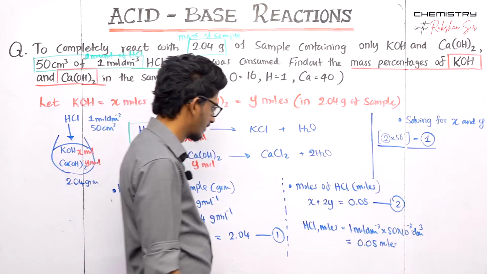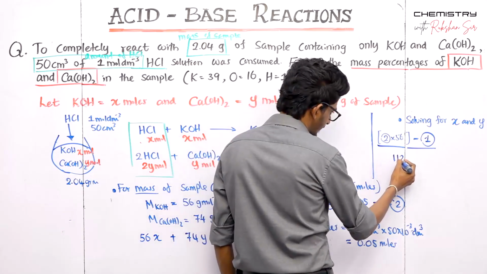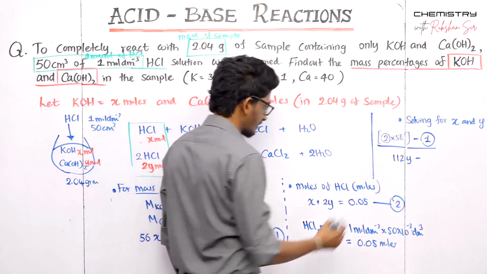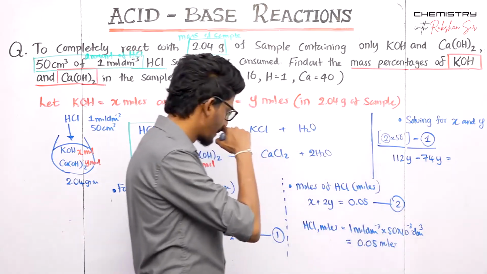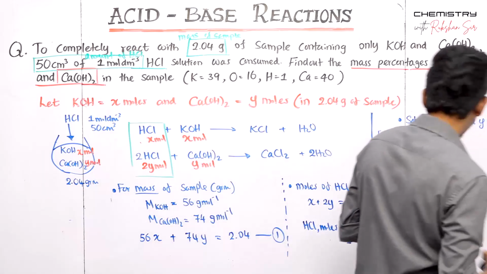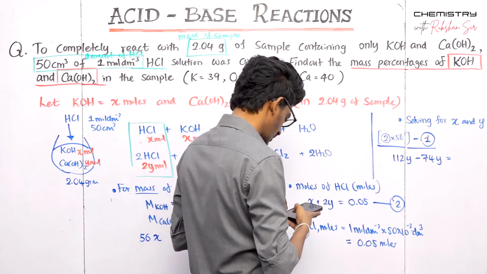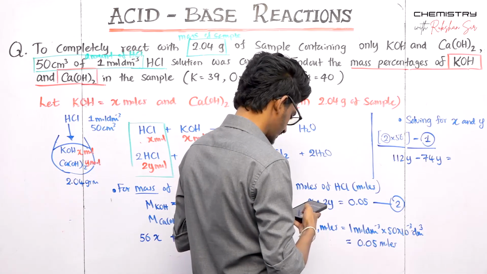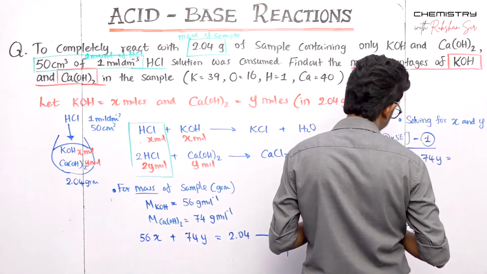So you have 56 into 2, which is 112Y, minus 74Y, that will be equal to 0.05 into 56. Let's do the stuff. 0.05 into 56 will give you the value 2.8.